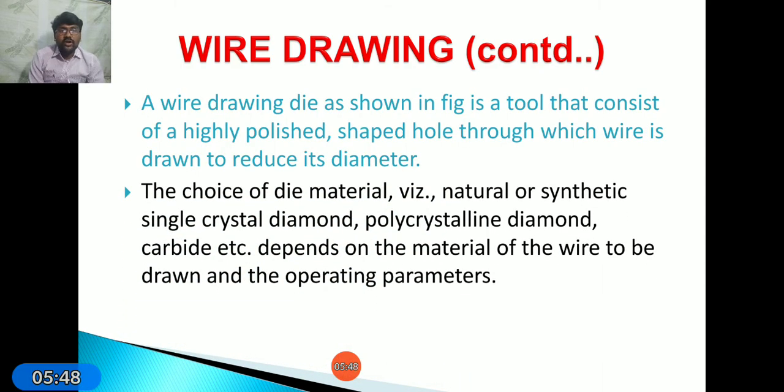Next, the choice of die material, like natural or synthetic single crystal diamond, polycrystalline diamond, carbide, etc. These different materials are used to make the die to withstand the wear that occurs between the metal and die. Next, it depends on the material of the wire to be drawn and the operating parameters.